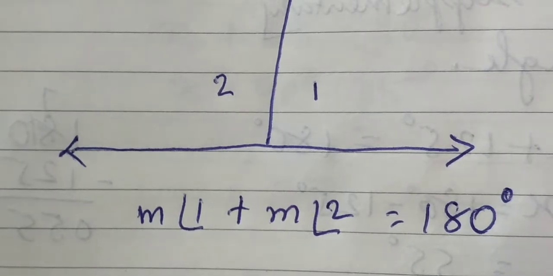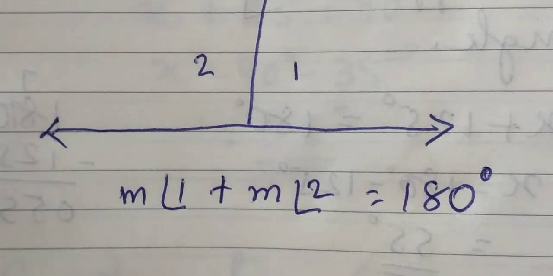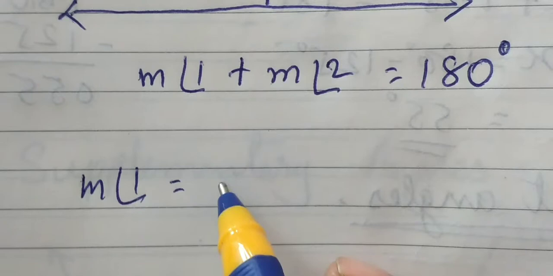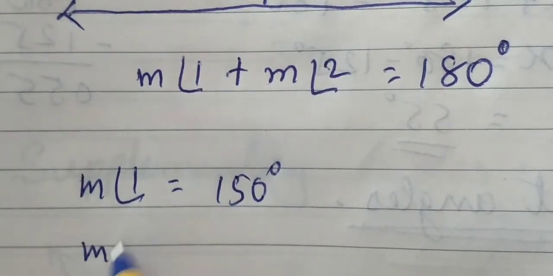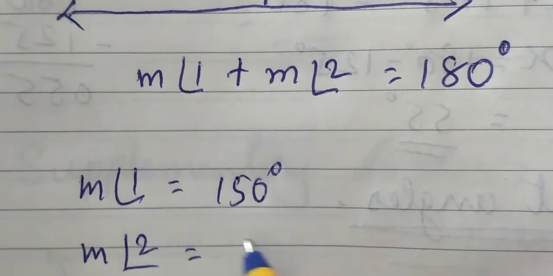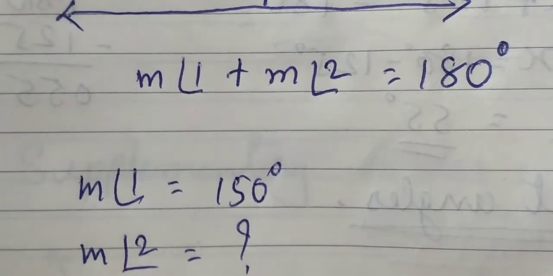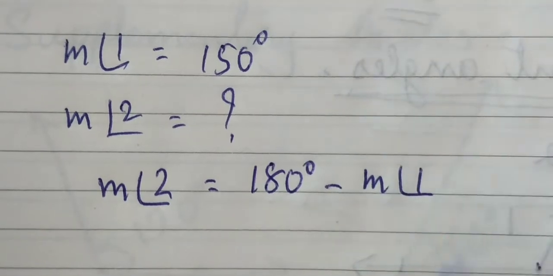Okay. So similarly, suppose measure angle 1 is given to you as 150 degree. Then what will be the measure angle 2? The measure angle 2 is going to be 180 degree minus measure angle 1.